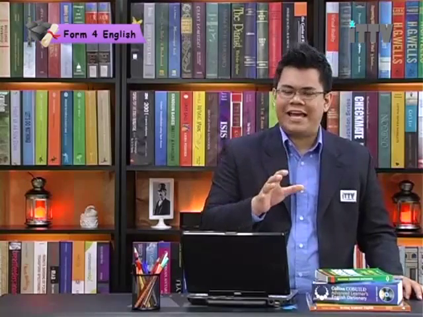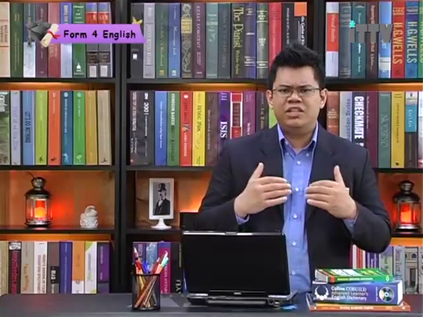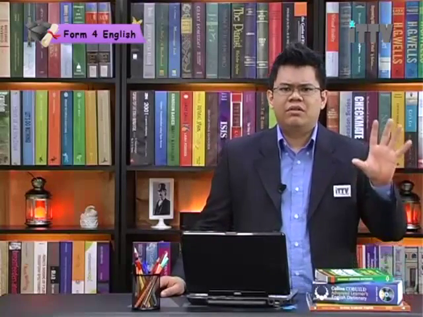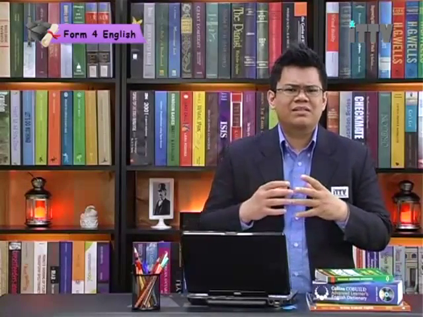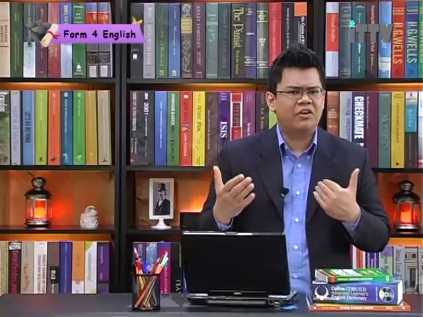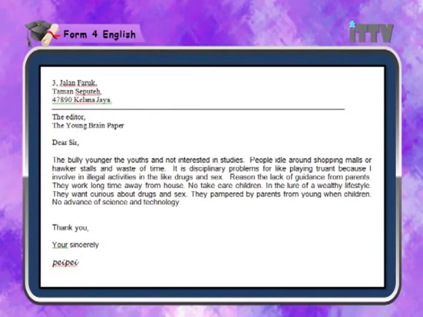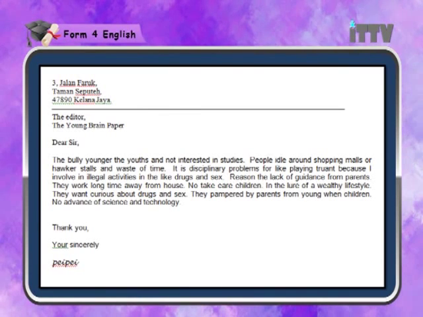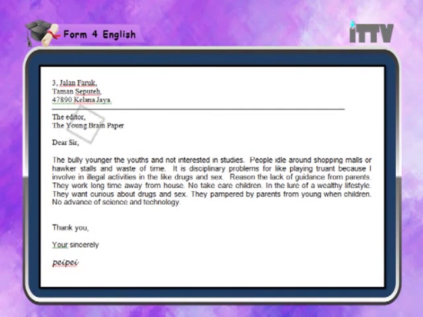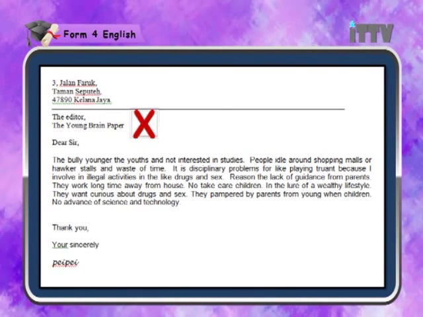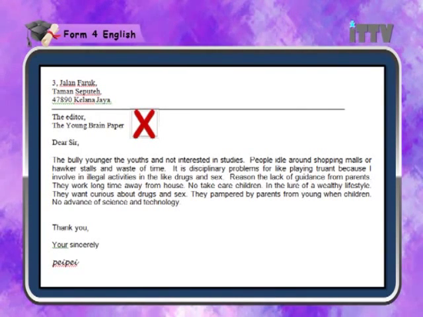Now, as we read that example, did you actually understand what this person was writing about? The notes were there, but it was not really structured at all. It didn't really make sense. And also, if you pay attention, the format is incorrect. The address for the editor of the Young Brains paper was not complete.